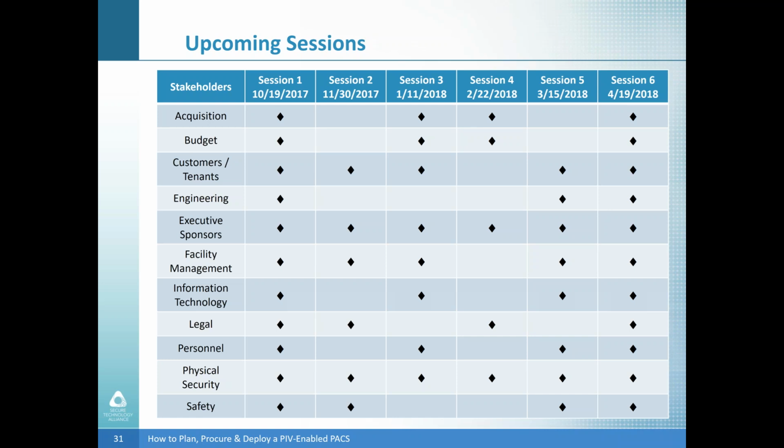The procurement strategy includes determining responsibilities within the agency for the various tasks and phases of the procurement, ensuring that standards for the end state system are adhered to, procurement vehicles, Schedule 70 and Schedule 84, drafting contract documents, obtaining funding, evaluating proposals, and awarding contracts. We have speakers for that session from GSA headquarters here in Washington, D.C., from GSA Fort Worth in Texas, and from the U.S. Capitol Police here in Washington, D.C.